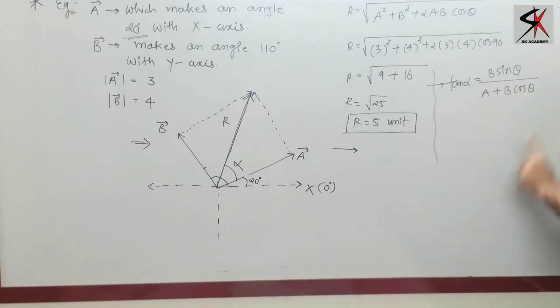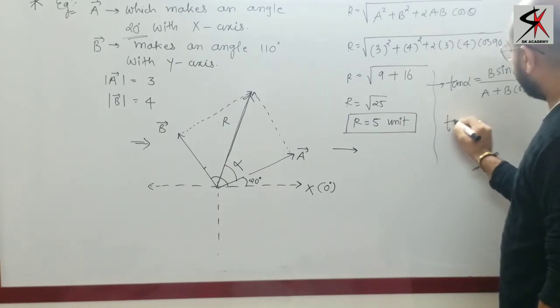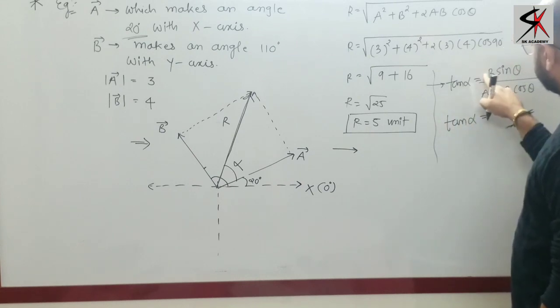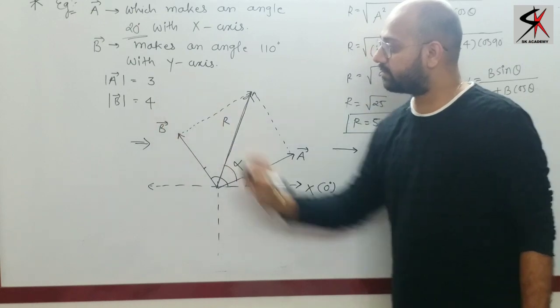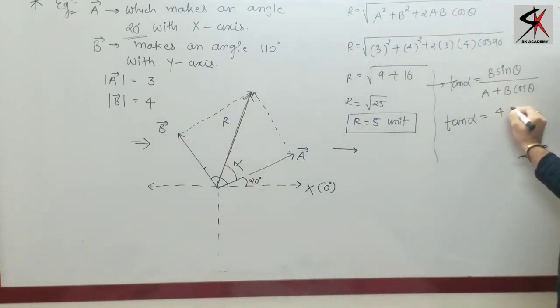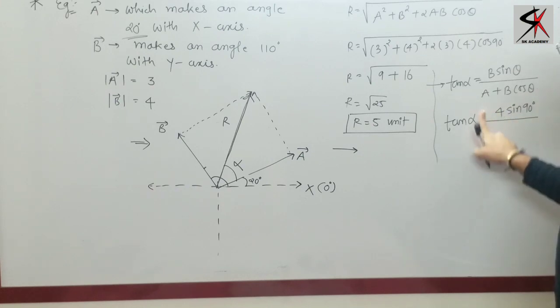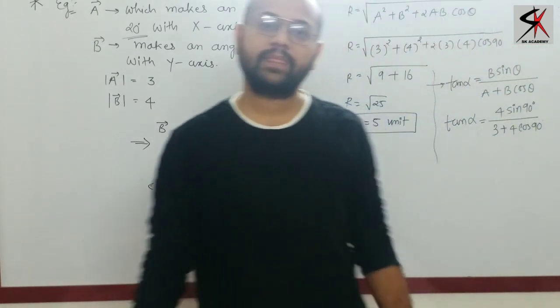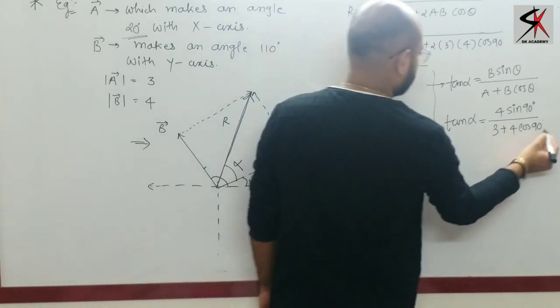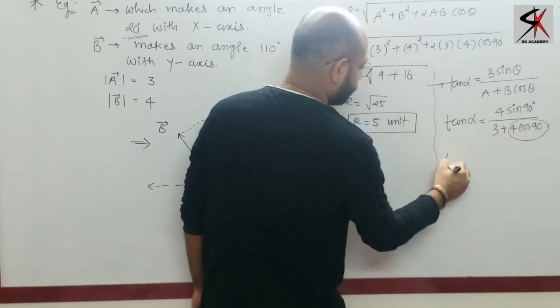So tan alpha is equal to, B means 4 and A means 3, so 4 sin 90 divided by 3 plus 4 cos 90. Now cos 90 means 0, so this term becomes 0.